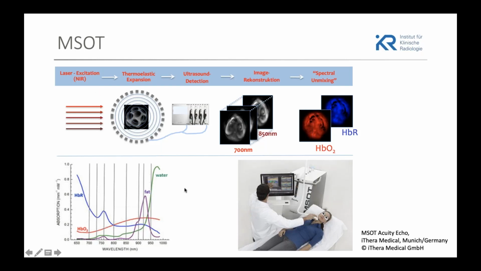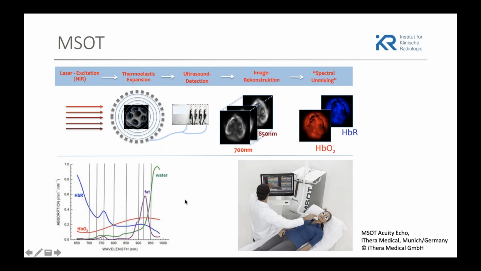This has the advantage that you can make use of the different absorber properties of intrinsic biomarkers like hemoglobin, which is shown here at the bottom left of the slide, where you see that deoxygenated hemoglobin in blue is completely different from oxygenated hemoglobin in its absorber properties at the respective wavelengths. You can go to other intrinsic biomarkers like fat or water as well, which are more used in recent studies. I will show you later.